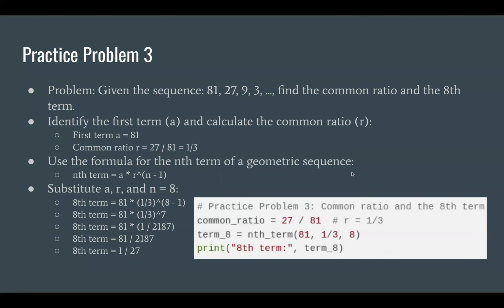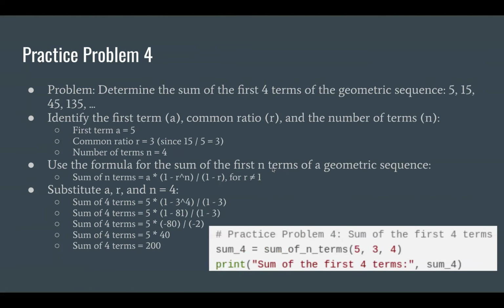Practice problem 3: given the sequence 81, 27, 9, 3, find the common ratio and the eighth term. We know that the first term is 81, and the common ratio can be calculated by dividing a term by the previous term, which is 1/3. Then we can use the formula for the nth term and substitute.